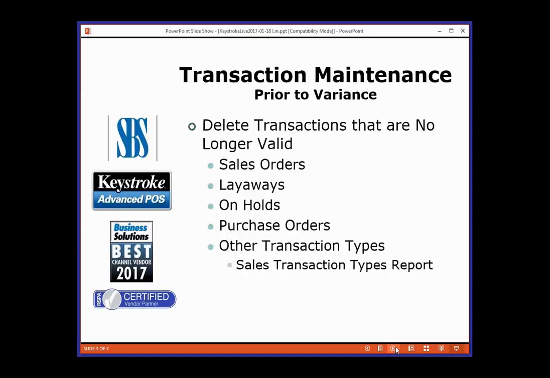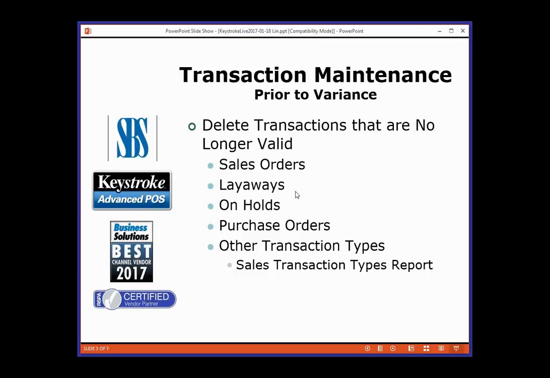So let's talk about transaction maintenance, primarily prior to doing a variance or a physical count, but this can be done anytime. The first thing you want to do is delete transactions that are no longer valid. I've seen databases that have sales orders that are 10 years old. I kind of doubt that's still a valid sales order.